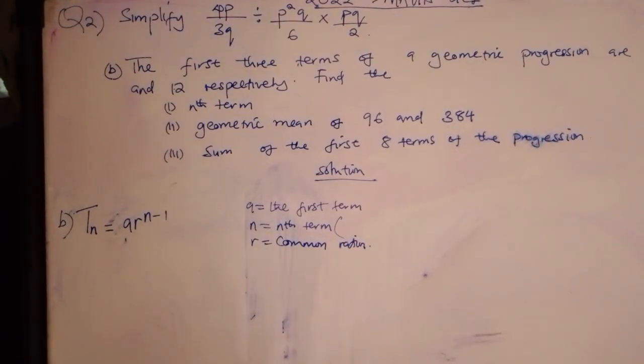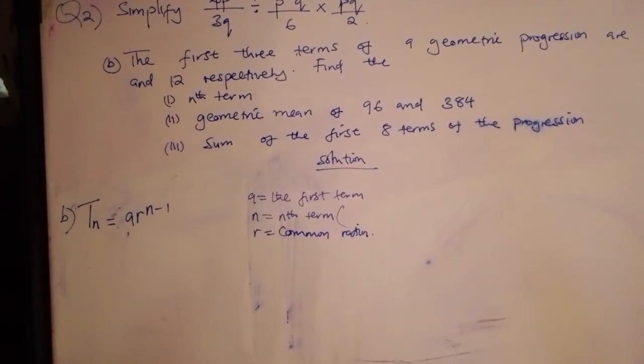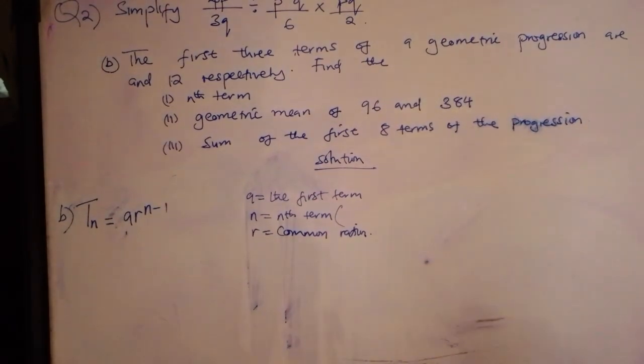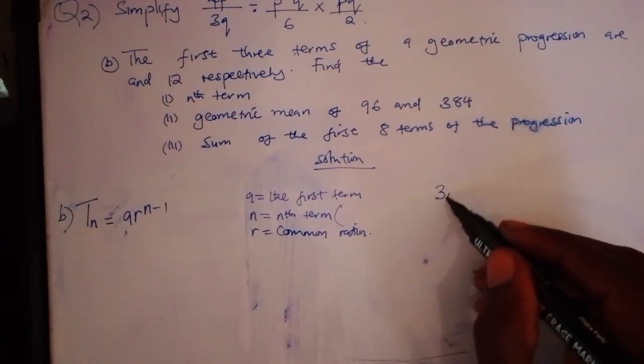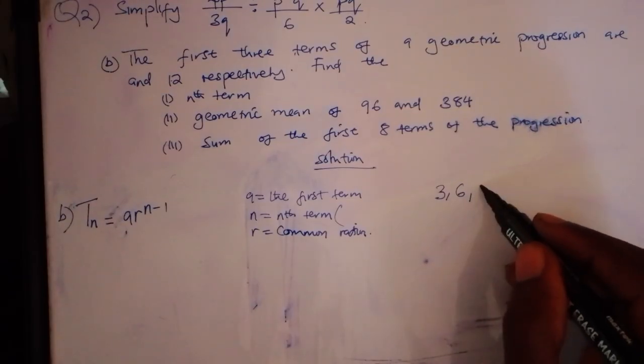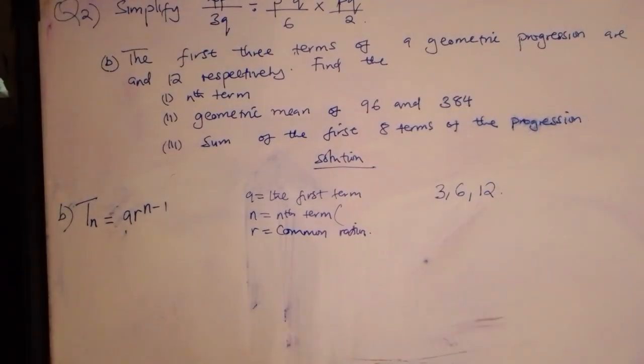So now, solving our first question, which is saying we have 3 terms. What are the 3 terms we have? We have 3, 6, and 12. Now you have to understand what exactly geometric progression is.